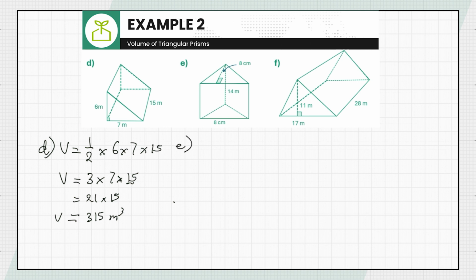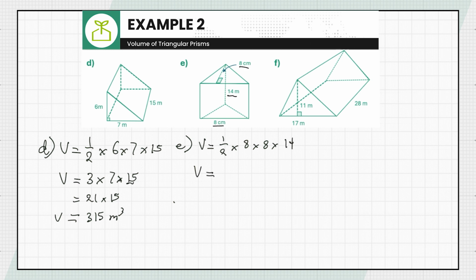Alright, now let's do our next one, E. For E, our volume is going to be equal to a half multiplied by our base, which is 8, multiplied by the height of our triangle, which is also 8, multiplied by the height of our prism, which is 14.